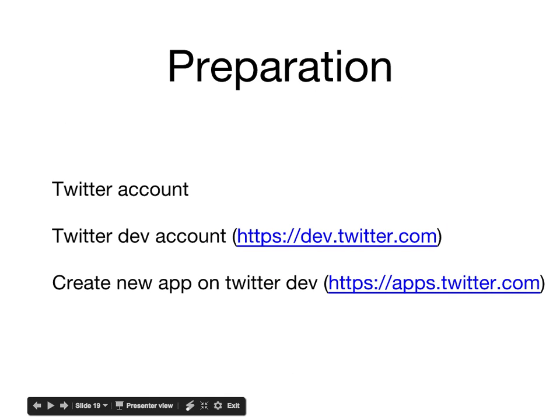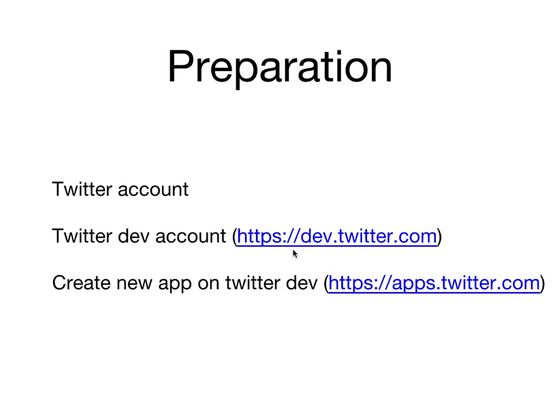So to do this assignment, you need a Twitter account. If you don't have that one, later you go back and register for a Twitter account, and then you go to this page, the developer page for Twitter.